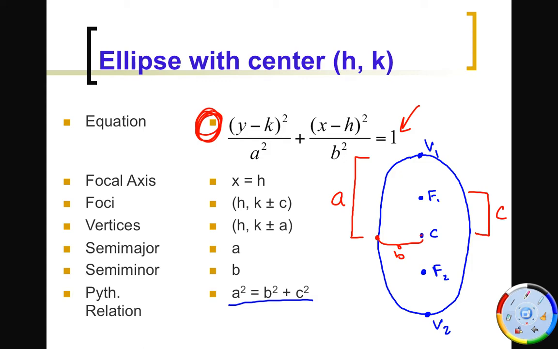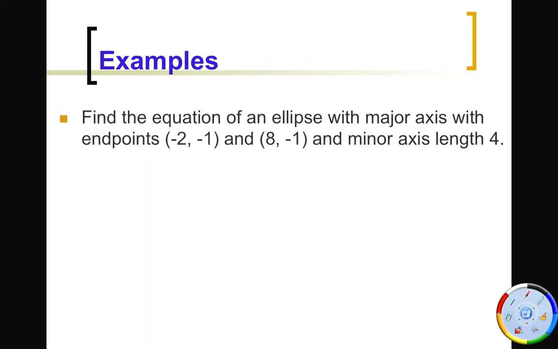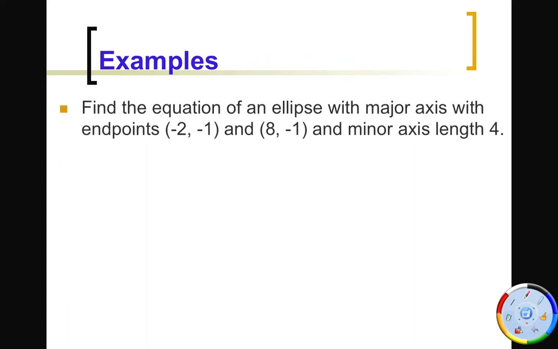All right, so let's take a look at a few examples here. First example, I want to find the equation of an ellipse with major axis endpoints and a minor axis length of 4. And when this is talking about minor axis length, that means the entire length.